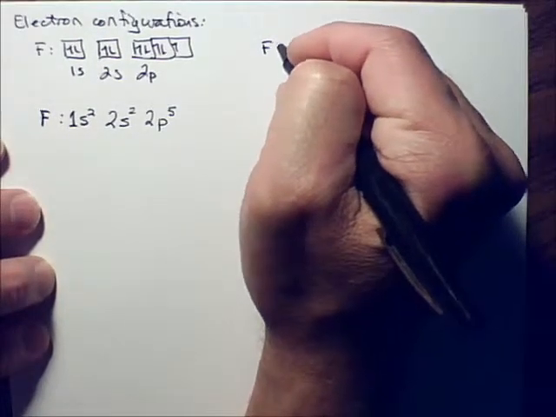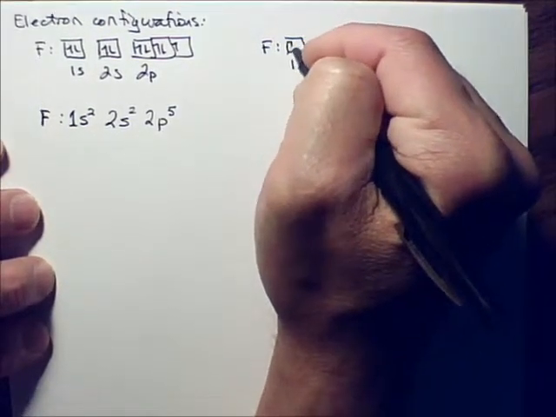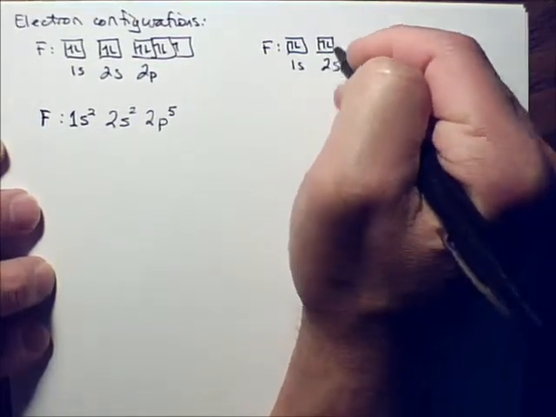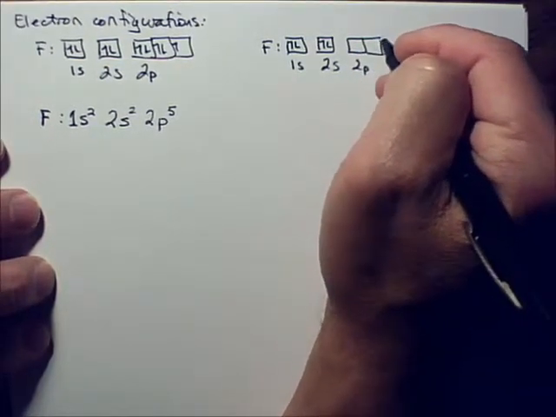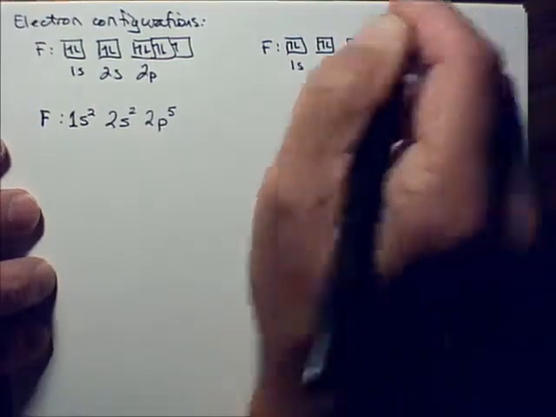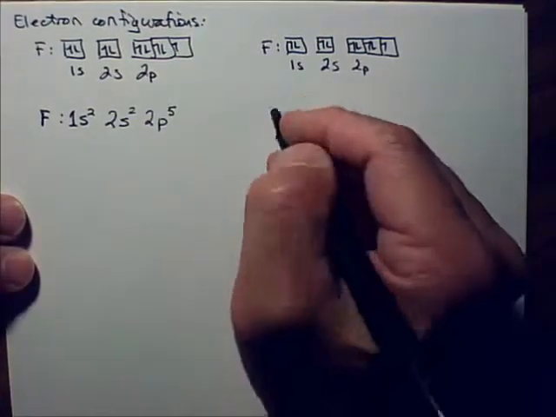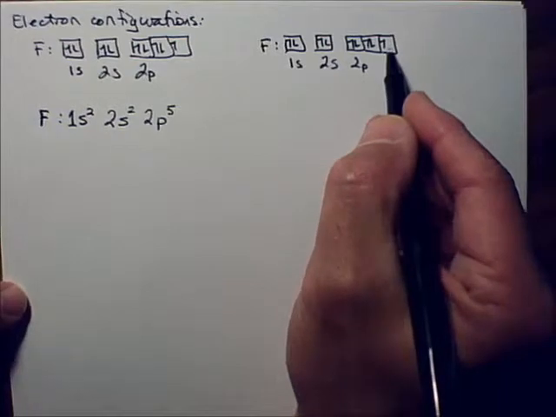So I'm going to redraw fluorine over here, as I would suggest you do. In order to make fluorine as stable as it can be, it would like to have an electron here.